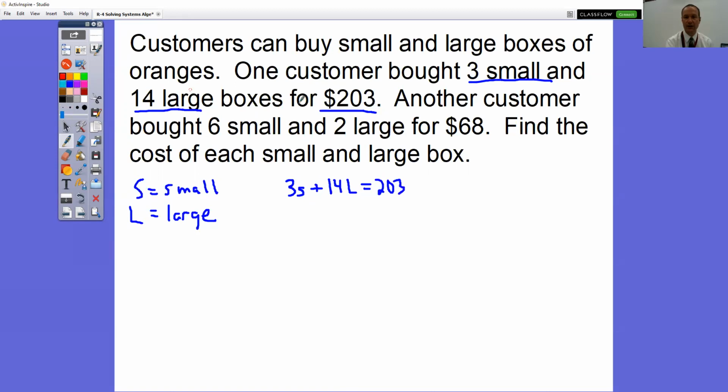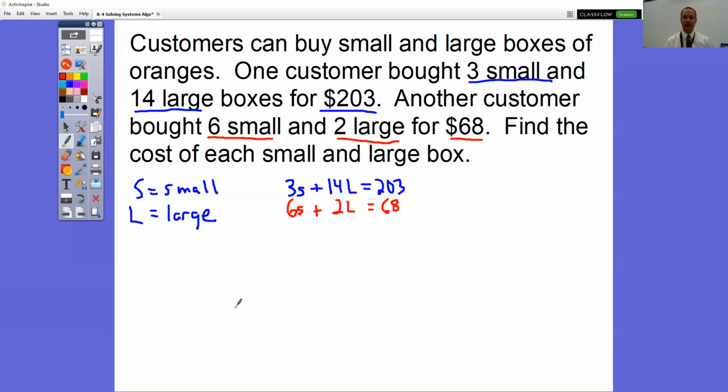For my second equation, it says another customer bought 6 small and 2 large for 68. 6 small is going to be 6S. 2 large is going to be 2L for $68. Those would be my 2 equations. And then you'd have to solve it from there.